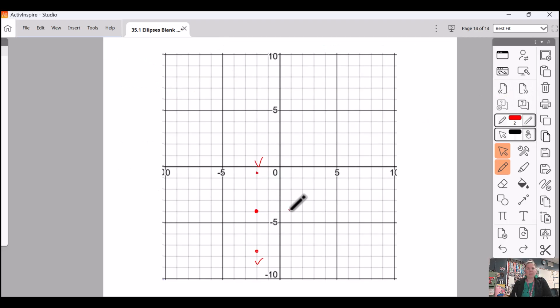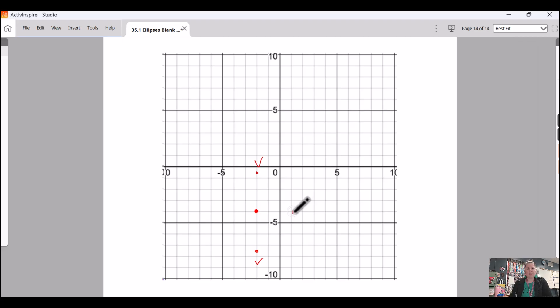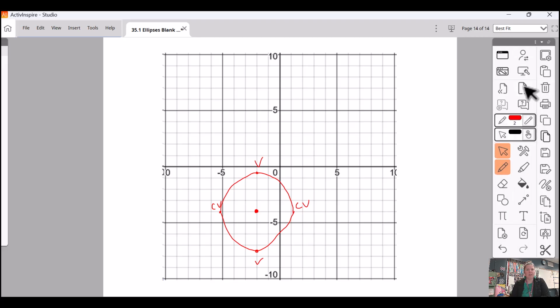So 1, 2, 3, and just a little bit extra. And so that's a co-vertex, and that's a co-vertex. And just like before, I can poorly draw an ellipse here for you. So hopefully you see that this one is a little more round, closer to being a circle.